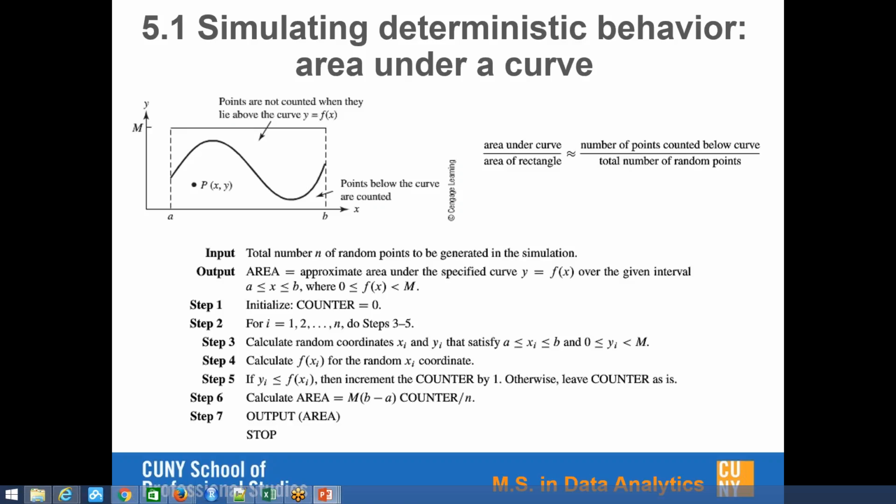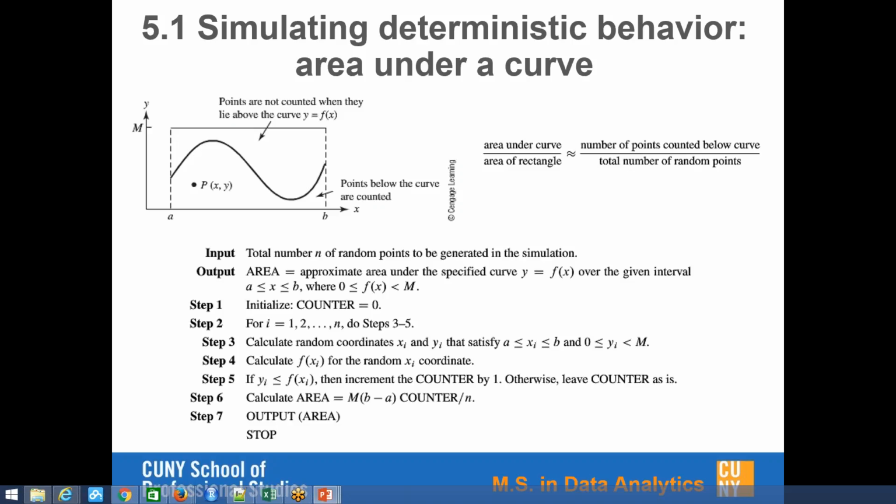In this example, I think there's a homework problem asking you to calculate pi using simulation. The idea is very similar.